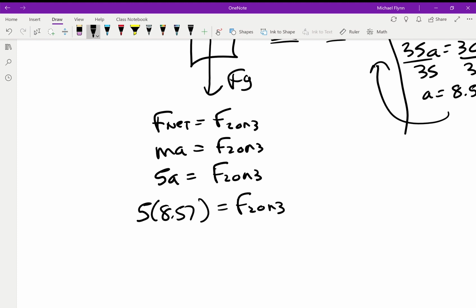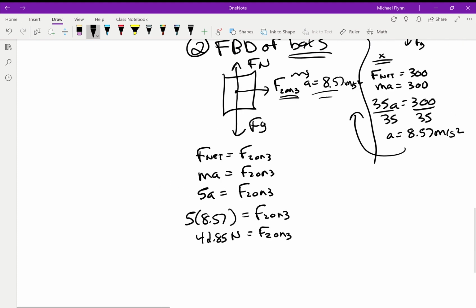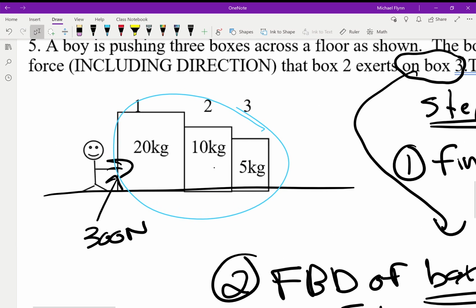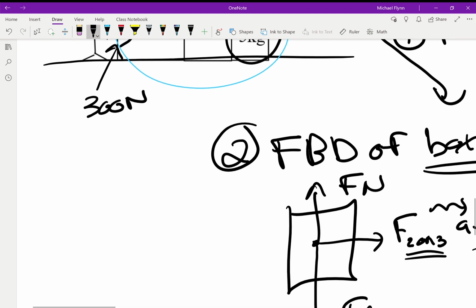Okay, so I'll take out my calculator. 5 times 8.57 equals 42.85. So 42.85 newtons equals the force of 2 on 3. See, so definitely not 300. The kid is pushing with 300 back here, but that box only gets 42.85 newtons of that.